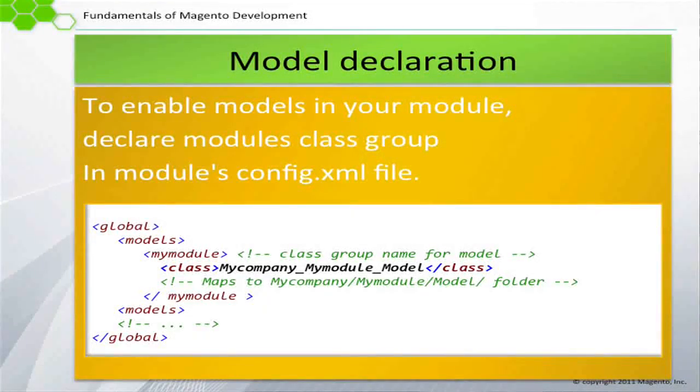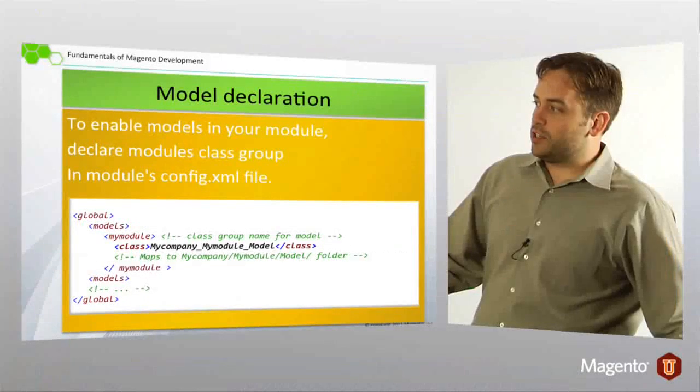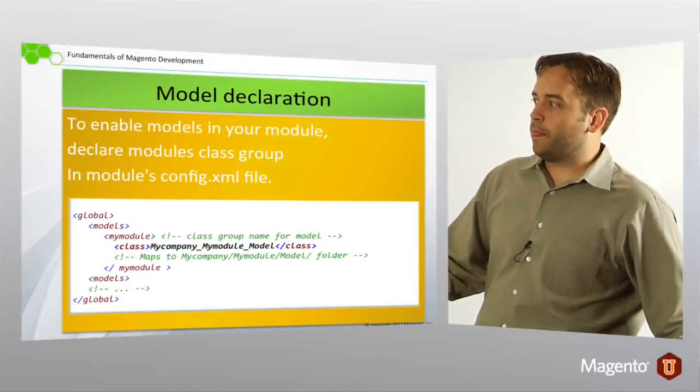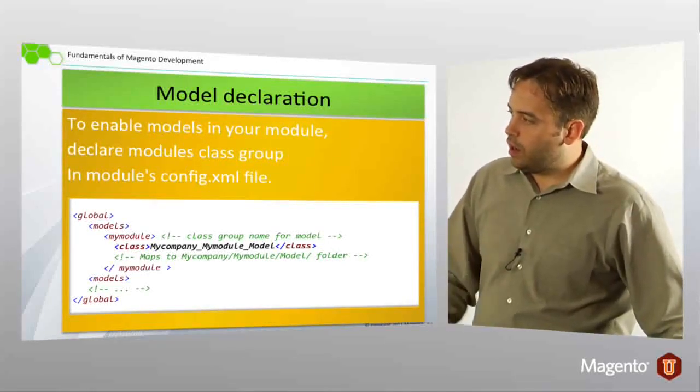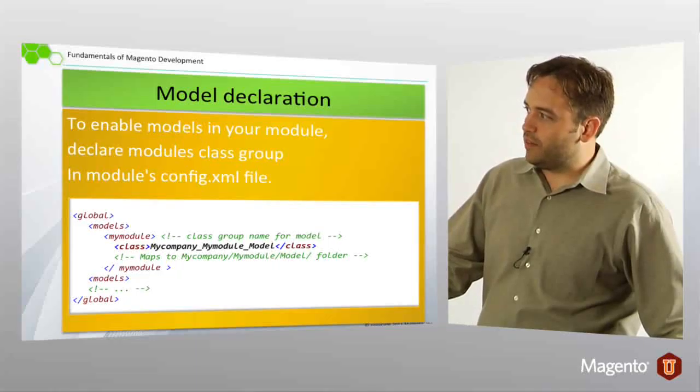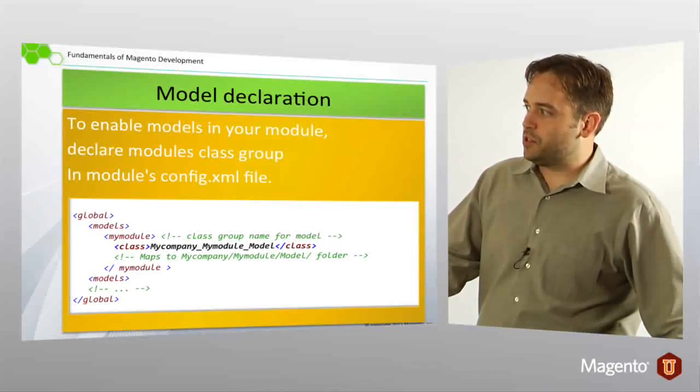Okay? So in our module, the declaration would look like this. Config global models. You can always think of it as just config global models. Some unique node for us will become our class group, and then our class prefix. So you can see here we have this nice note. This maps to my company, my module, model folder.